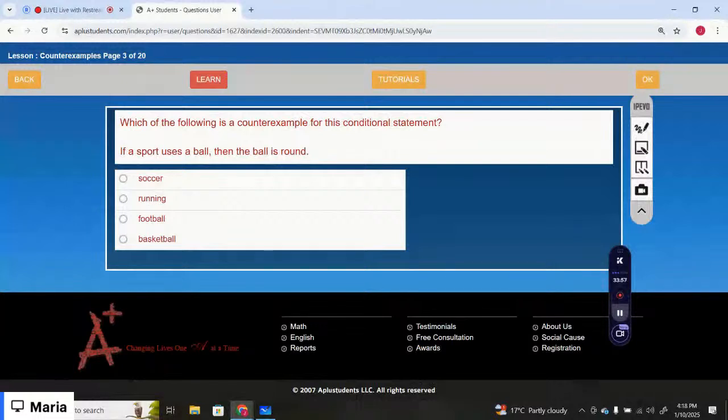Which is the correct option? Which sport uses a ball? Running is not. I think soccer it is.